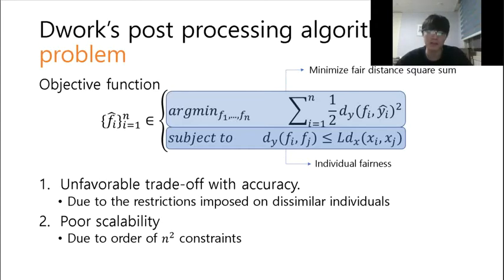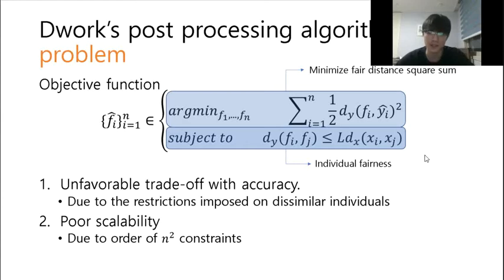However, this paper says the D-Works algorithm leads to output dissimilar to the actual result, and this algorithm has two problems. First, empirically, the D-Works algorithm has a bad trade-off with accuracy because it restricts individual fairness in the global region.